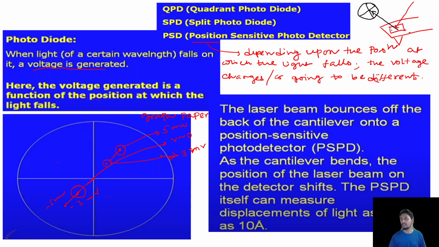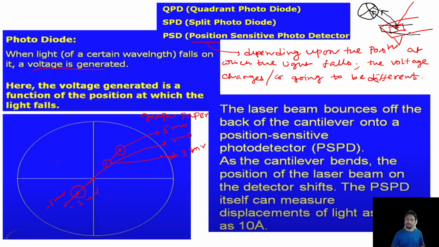So whenever it gets deflected in some direction, the spot is going to be somewhere here, let's say, and depending upon the position, we can tell how much force is being experienced, and then what the structure, or let's say the topography, of the surface is, right?